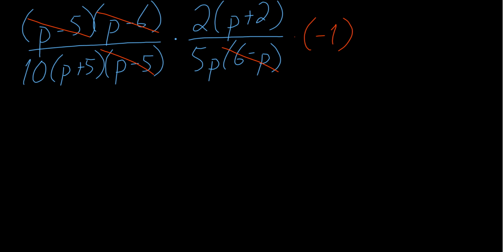So this -1 here tells me I'm going to have a negative fraction. Okay, now real quick, the reason why I like to put the -1 there as opposed to the way that the textbook does it, and there's nothing wrong with the way the textbook does it. I don't know if we're going to have an example today or later, but just going to give you an idea of why I put it there. Here's why. Okay, so let's assume that this and this, all right, this is a p minus 5 in the numerator. Let's assume that it was a negative p plus 5 in the denominator.